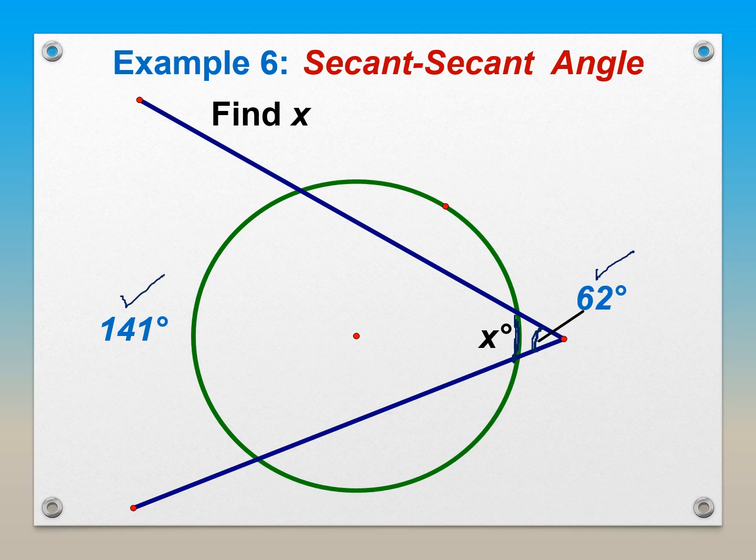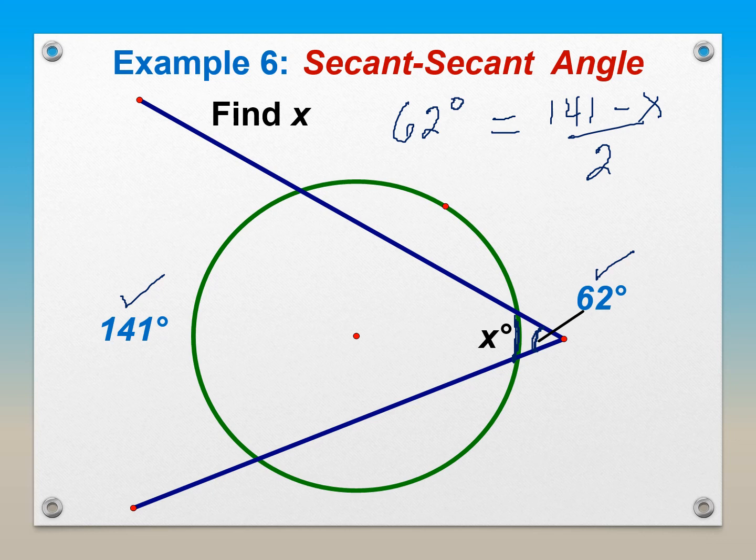Let us still apply the theorem. Let's come up with the equation. Let's start with the measure of the angle, which is 62 degrees. It's given. Then it is equal to 1/2 the difference of the two arcs, which is 141 minus x, divided by 2.